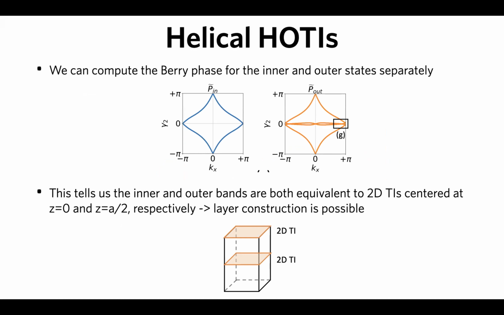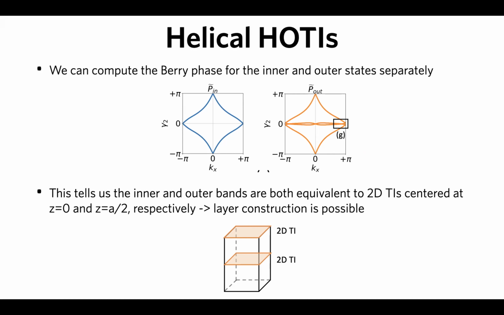And so we might think then, well, maybe we can construct a higher order topological insulator by stacking layers of a 2D TI in an inversion symmetric way. But now these two layers are the same. It's a lot harder in this picture to see what's special about this other than just it being a weak topological insulator.